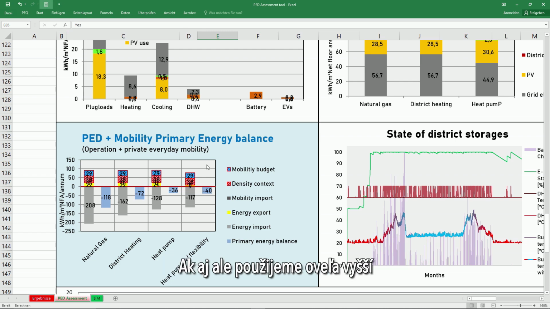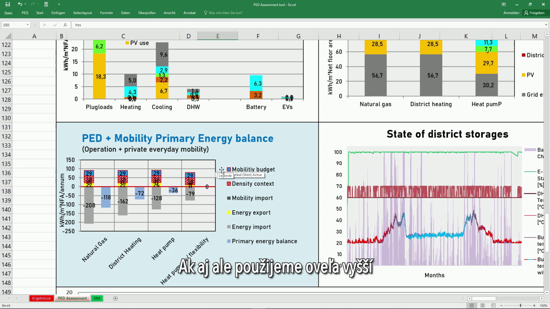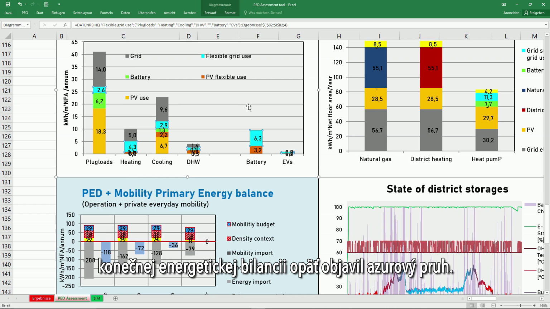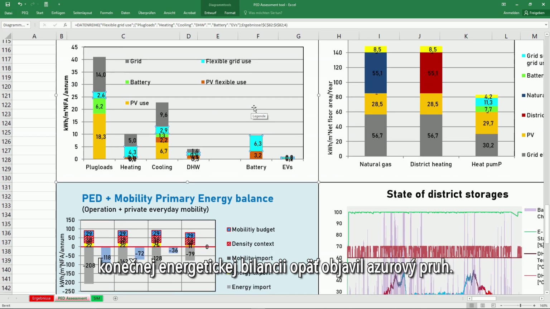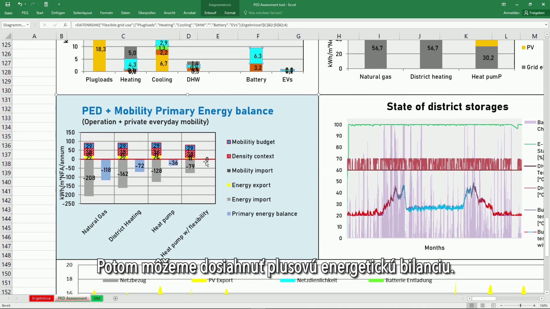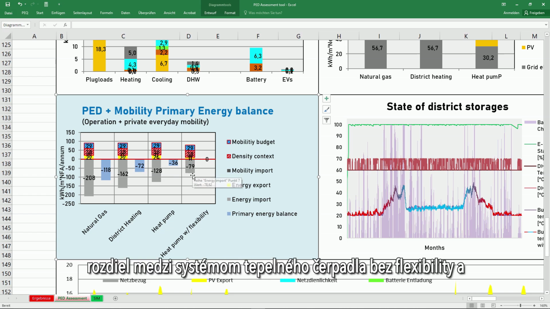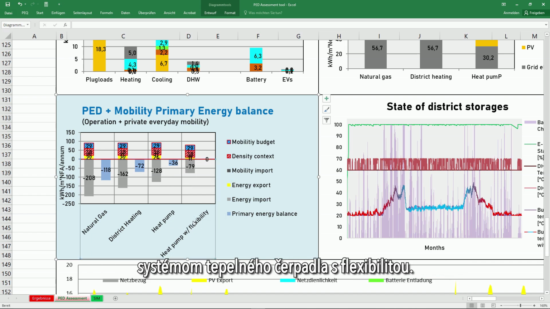But if we also use the much higher potential of flexible grid use, you can see the cyan bar has reappeared here in our final energy balance, and then we can actually achieve a positive energy balance. And then there is also a much larger difference between the heat pump system without flexibility and the heat pump system with flexibility.